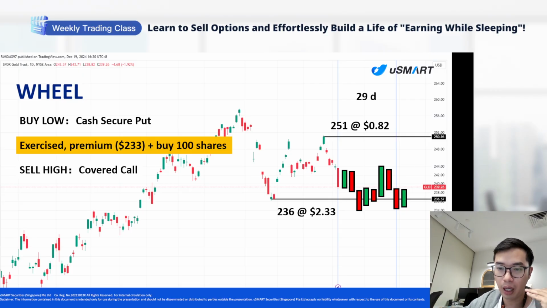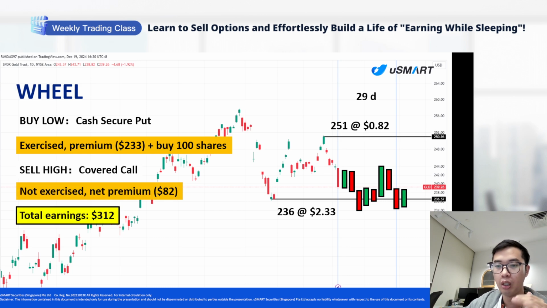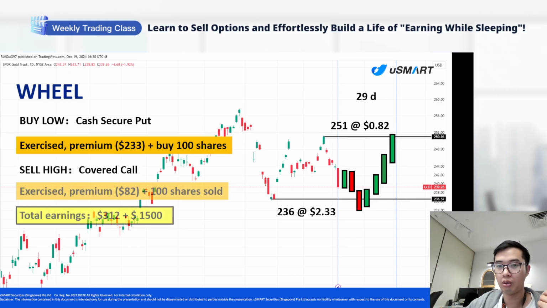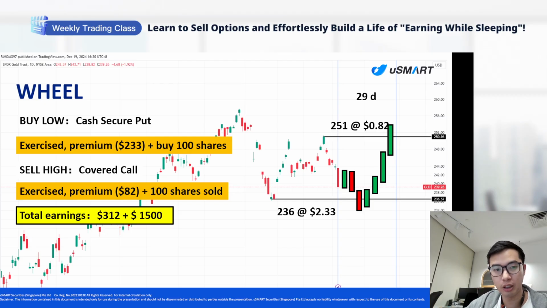However, if one day while we sell the call, the price hits 251 and above, we will sell our stocks on hand, 100 stocks. The premium will be $82 because it's 100 shares sold.